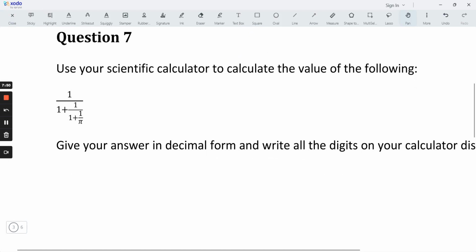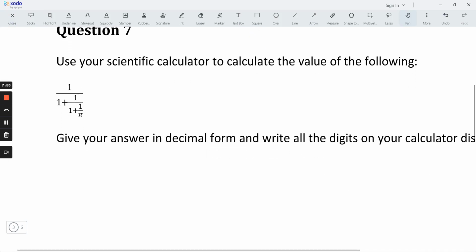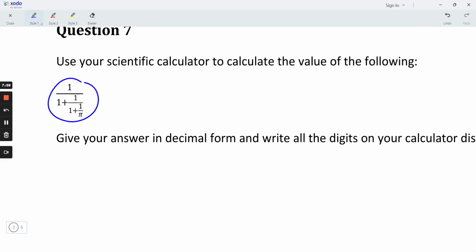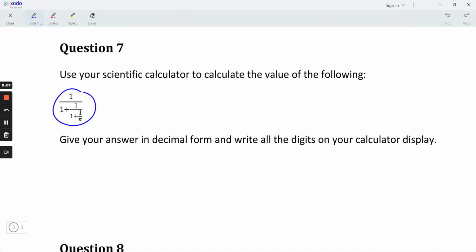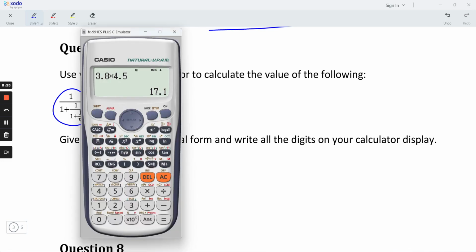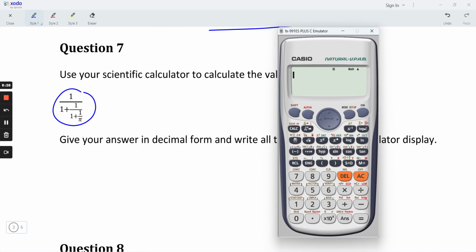Question 7 here. Use your scientific calculator to calculate the value of this fraction. Give your answer in decimal form and write all the digits in your calculator display. So we need a fraction. This is a fraction bottom.